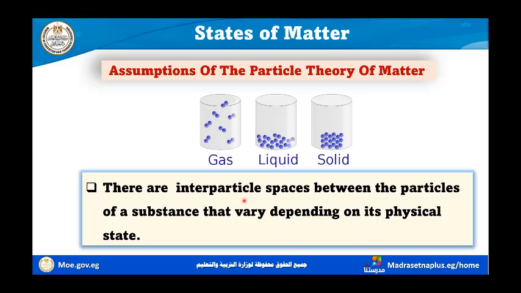There are interparticle spaces between the particles of a substance that vary depending on its physical state. Interparticle spaces means the spaces between the molecules or between the particles. So in the solid state, the particles are very close to each other, with only very tiny spaces between them, while in the liquid state the interparticle spaces become wide. So the liquid particles become apart from each other.